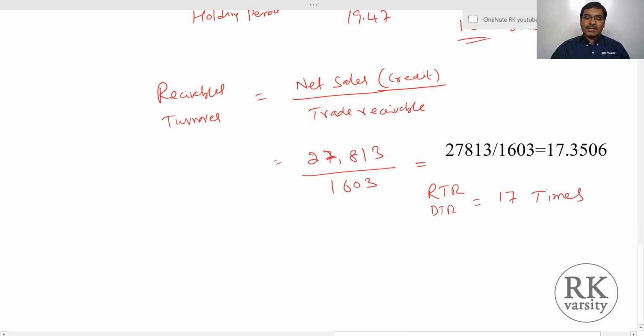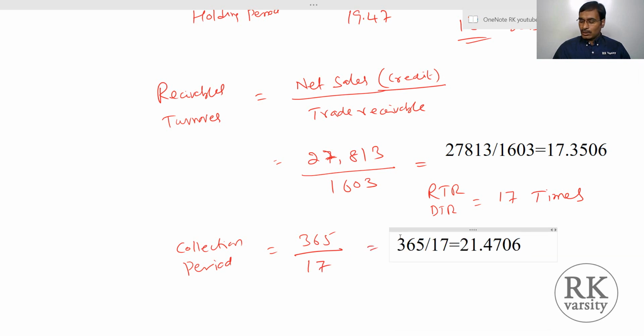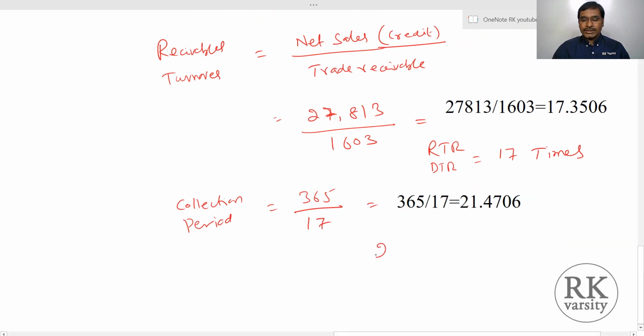What is the conversion period, that is, the collection period? Receivables collection period equals 365 days in a year upon receivables turnover ratio, that is 17. That is 21.47. So it takes 21.47 days to collect receivables.